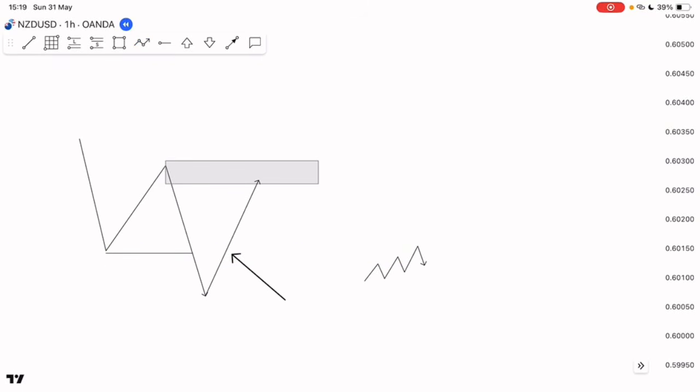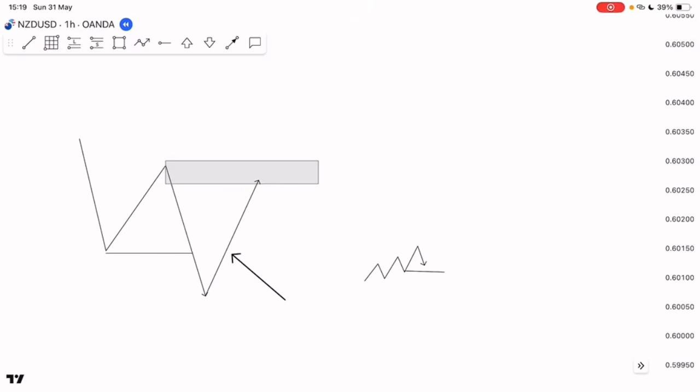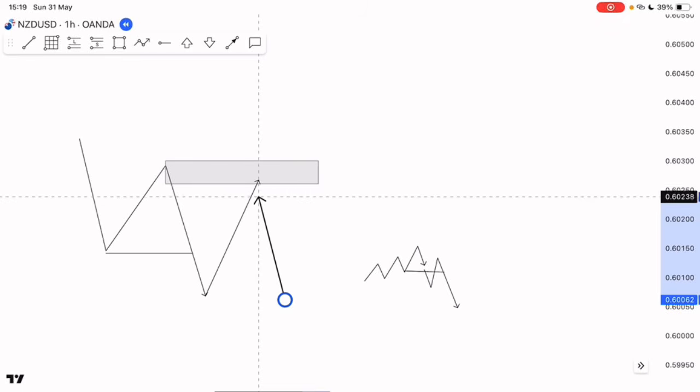So once price takes out this low, we'll be looking out for this. Price will drop, then we'll come back, tap the supply zone, then start dropping. So in this particular place, price tapped into this entry.